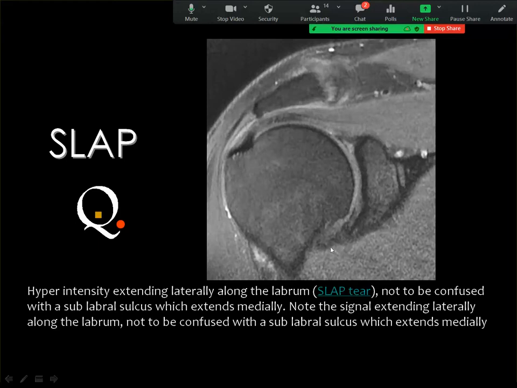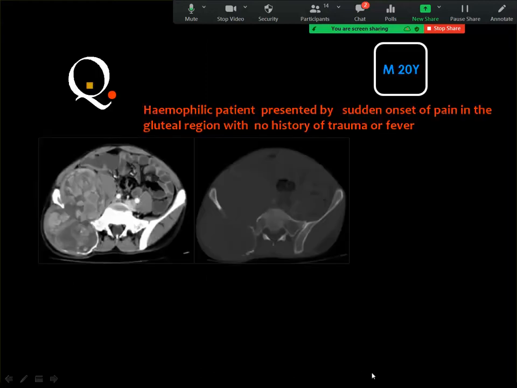But you are not sure about the thickness of the inferior glenohumeral ligament because of the absence of fluid in the joint. And this is important if you want to assess carefully the inferior glenohumeral ligament: you should have some fluid inside the joint. The next case.